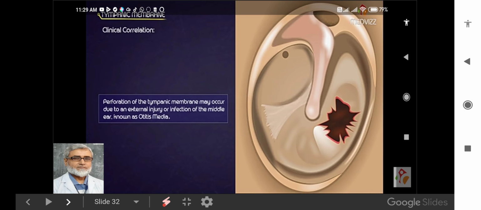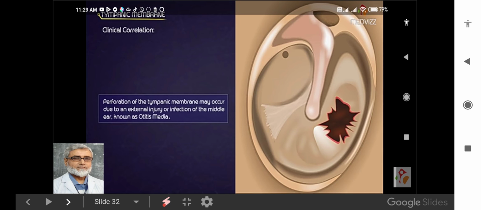You can see severe pain, a reddish area, and always pus discharge from the ear. That is a very dangerous time. So we have to keep our external auditory meatus clean, and watch for any infection or pain.